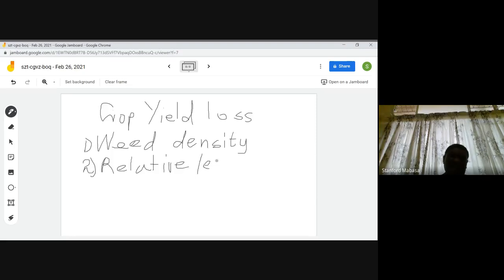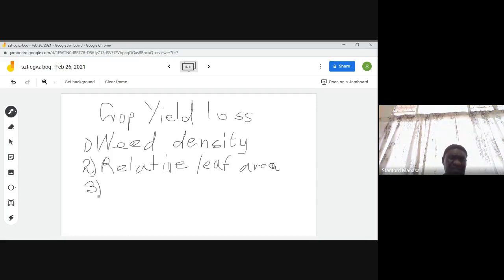They also found that relative leaf area is cumbersome to measure. And you can also relate crop yield loss to relative cover, RC. So we now have three approaches.